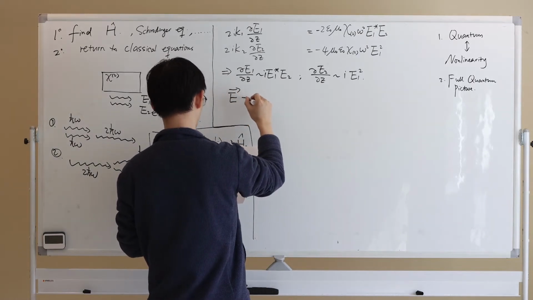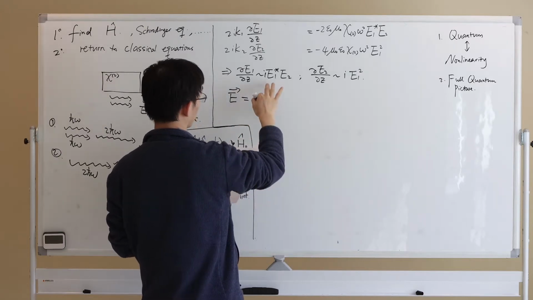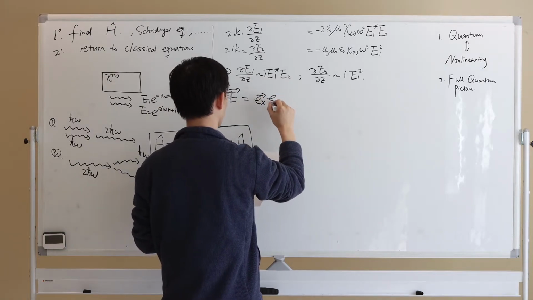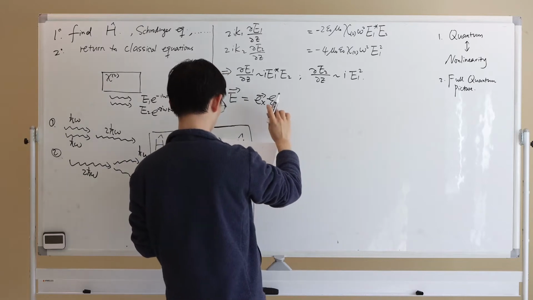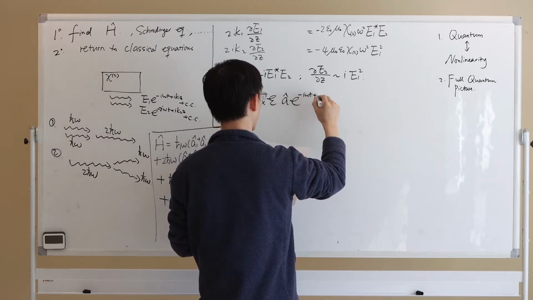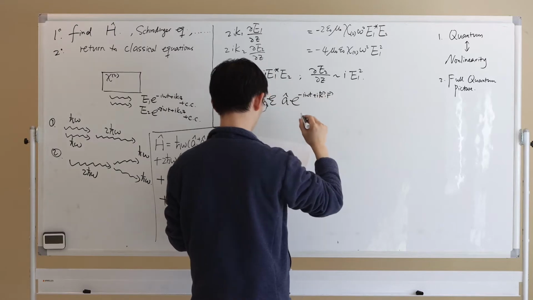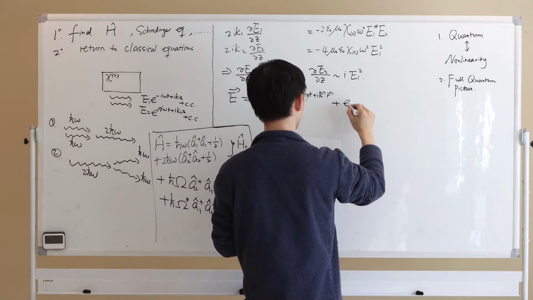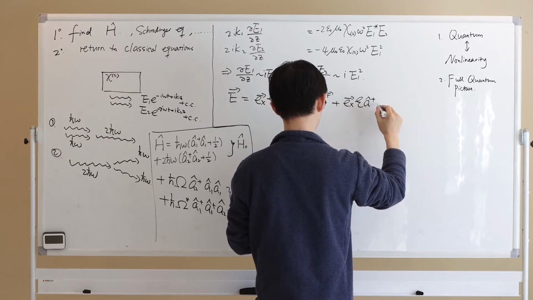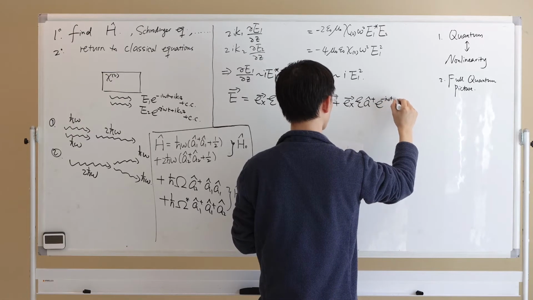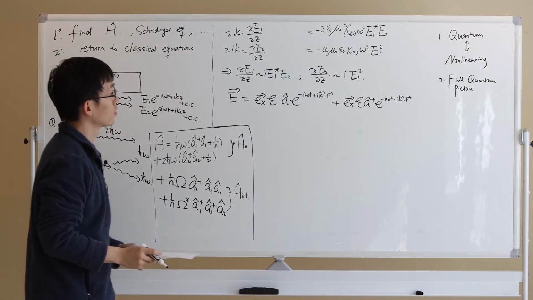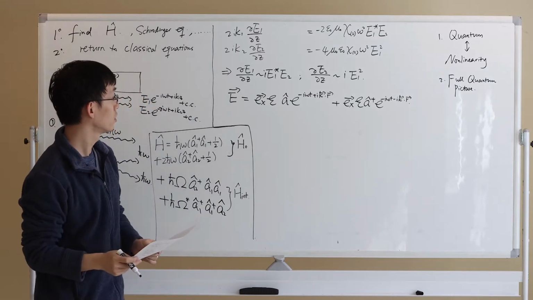Then we know that E, generally, not 1 and 2, is equal to the amplitude of the vacuum state times the operators, plus its conjugate.